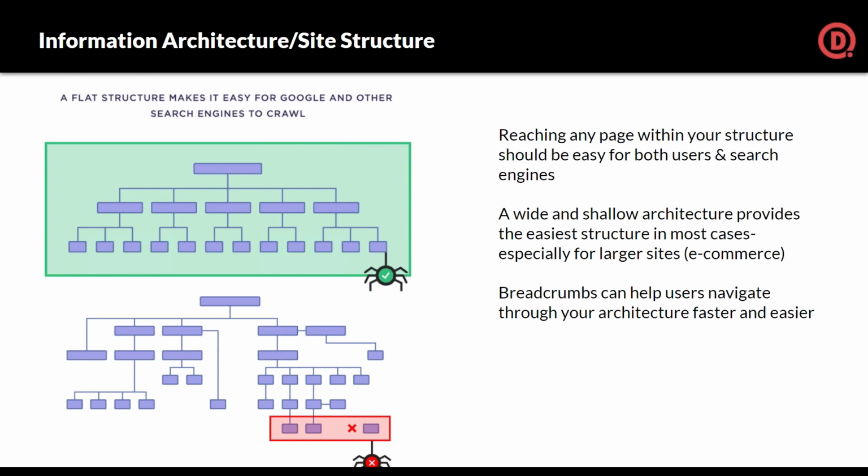As opposed to that, on our bottom structure, as you can tell, there's no real organization. It's difficult for users or spiders to really understand where they need to go or where they can find the relevant or pertinent information. And what's worse is that we see an orphan page on the bottom right, that page that has no connecting lines. That basically means that orphan pages have no links going to or from them.